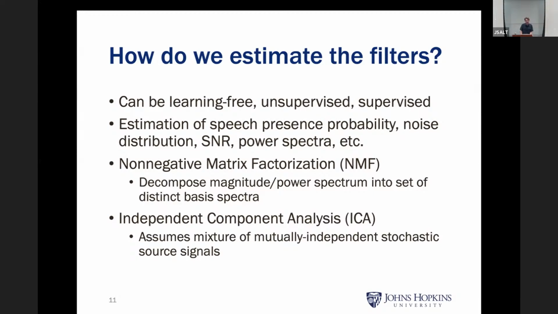I also wanted to call out non-negative matrix factorization and independent component analysis as two traditional pre-deep learning methods that were popular. Non-negative matrix factorization is where we try to decompose the spectrum into different sources. And ICA is a stochastic model where we assume that we have multiple signals that are being mixed.